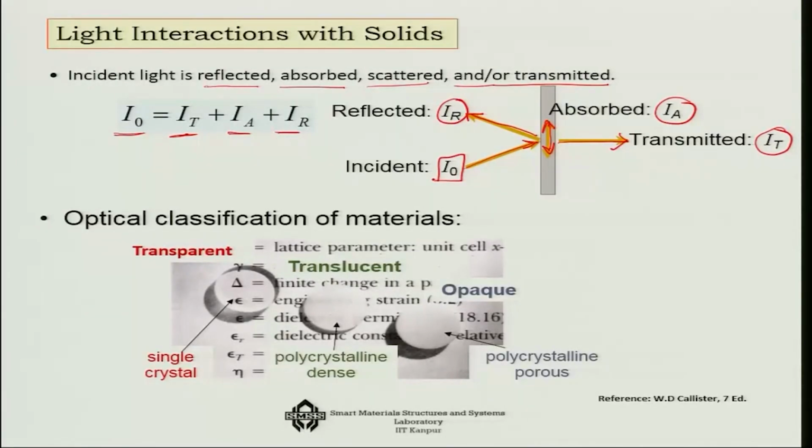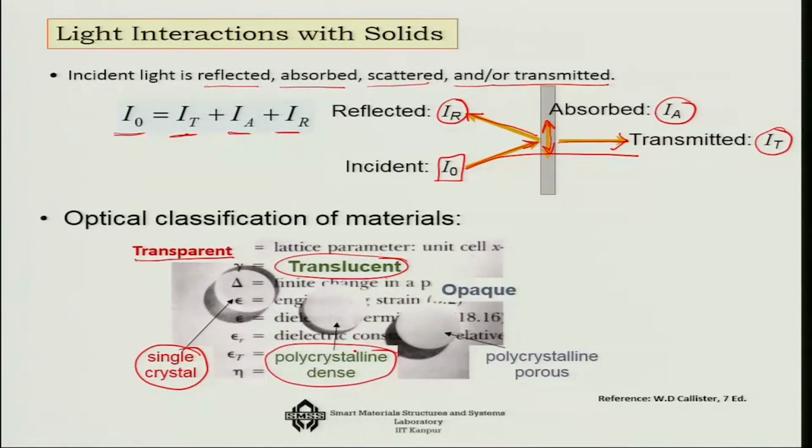Now, we always say that there are three types of materials. One is the transparent material. When we talk about transparency, it means that most of the light is transmitted through the system, like a single crystal. Sometimes we say that it is translucent. Translucent means some part of the light is absorbed and some part of the light is transmitted, like dense polycrystalline material.